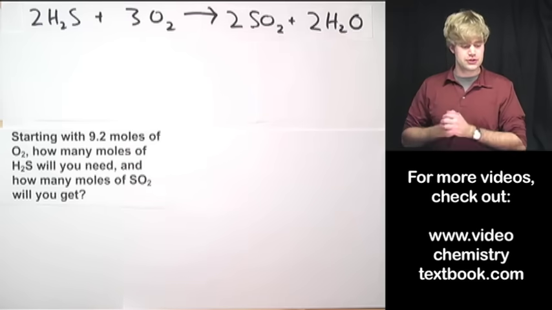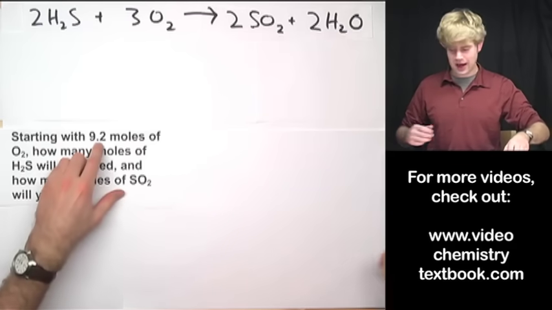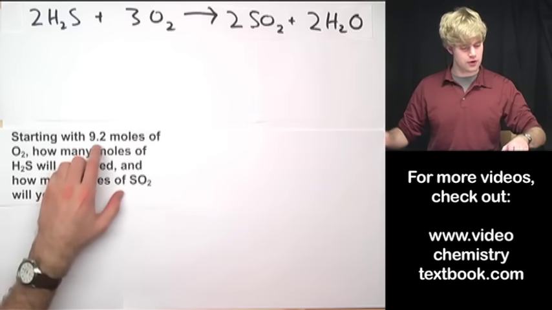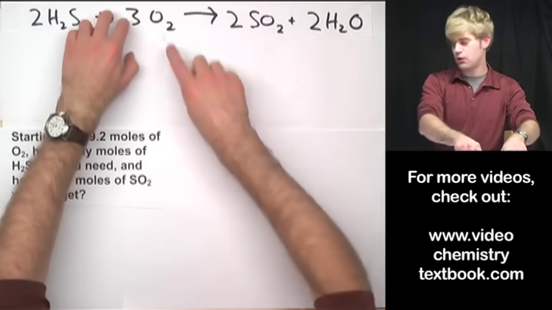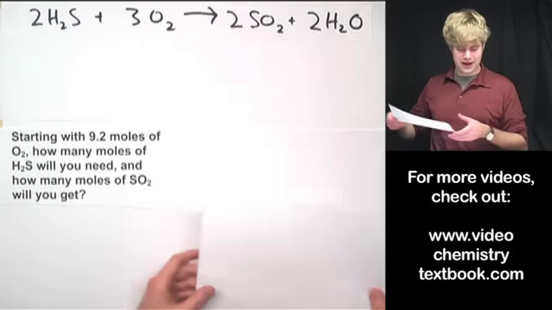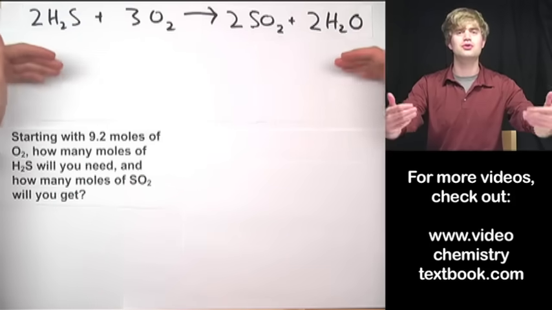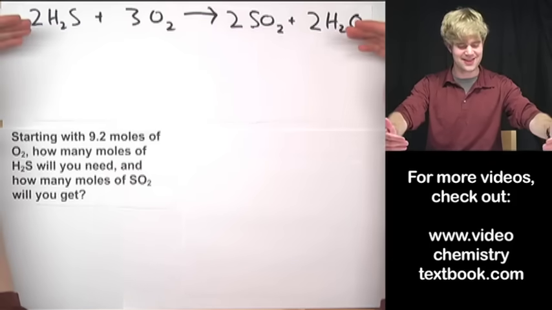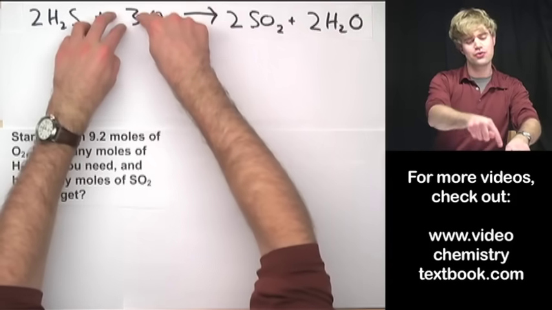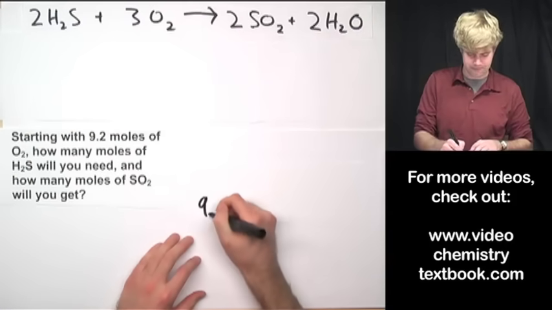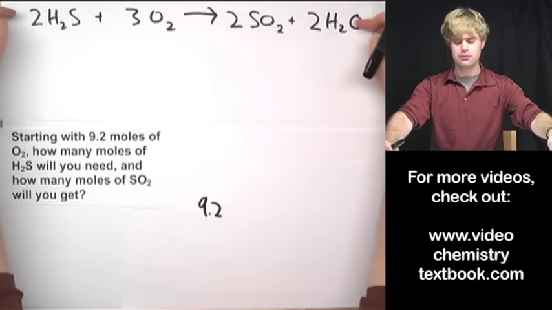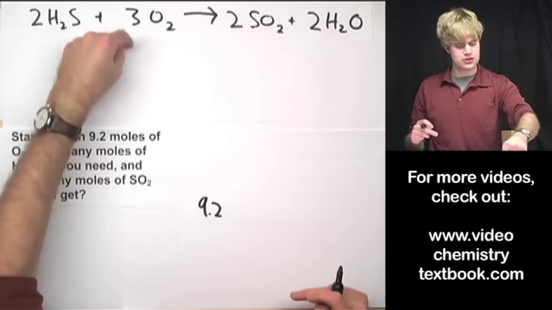Starting with 9.2 moles of O2, right now our equation is written to start with 3 moles of O2. So what are we going to have to do? We have to find out how to double, triple, quadruple, whatever, to get it up from 3 moles of O2 to 9.2 moles of O2. What am I going to have to multiply it by to turn this 3 into a 9.2?